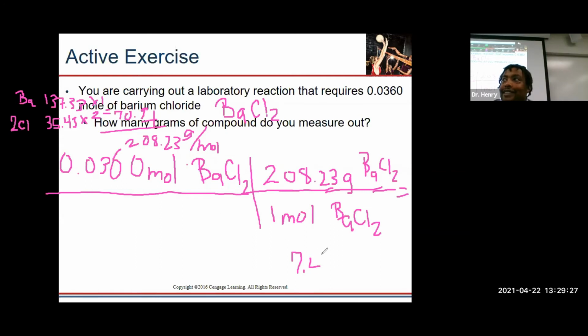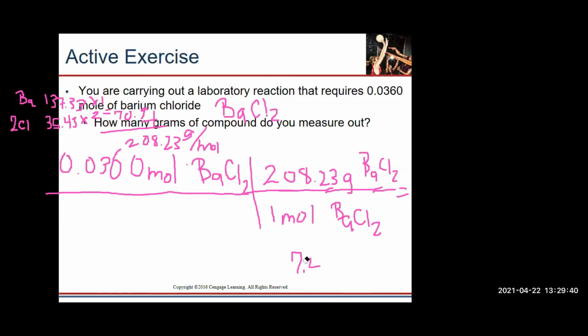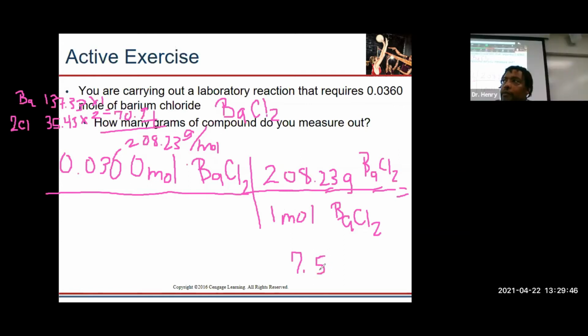Keep messing that up. 7.4963, so 7.4 on 4... 7.50, right? Yeah, it would be 7.50. And the units would be grams of barium chloride.